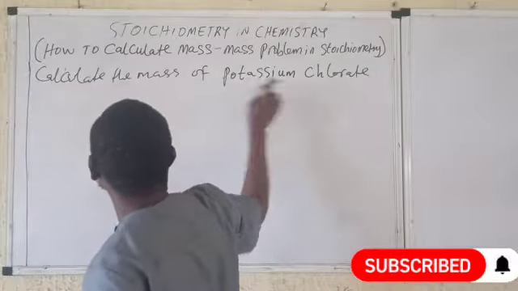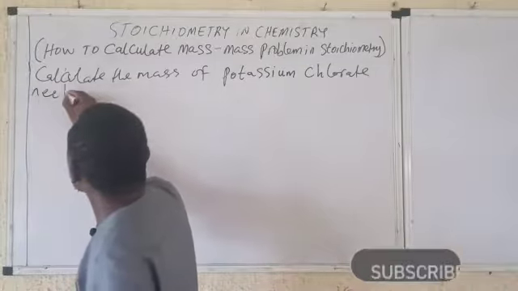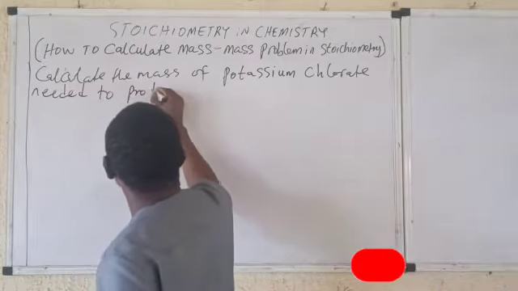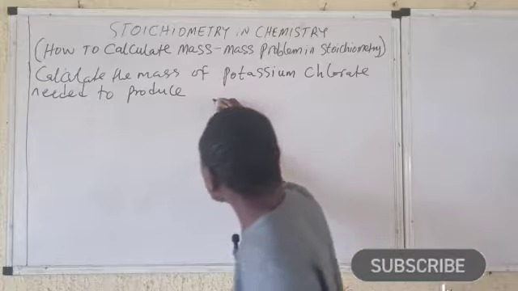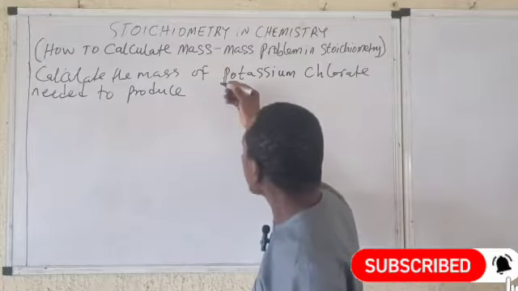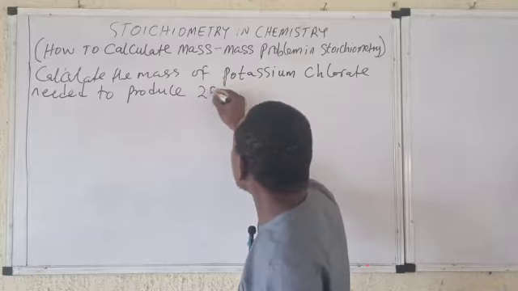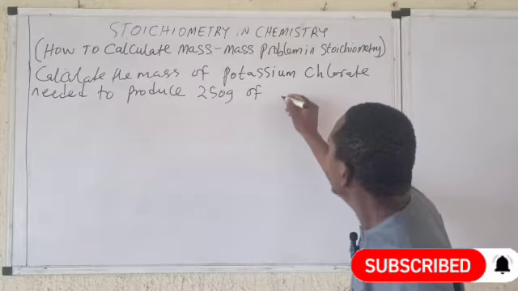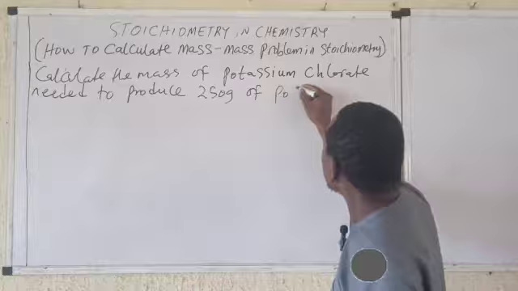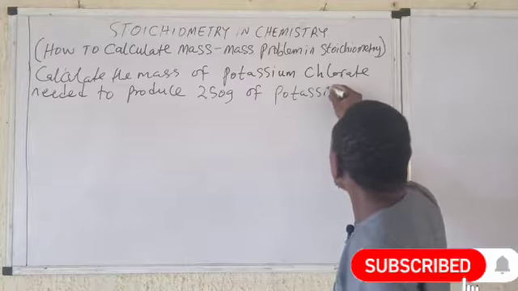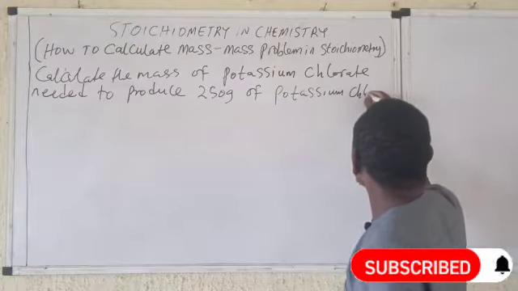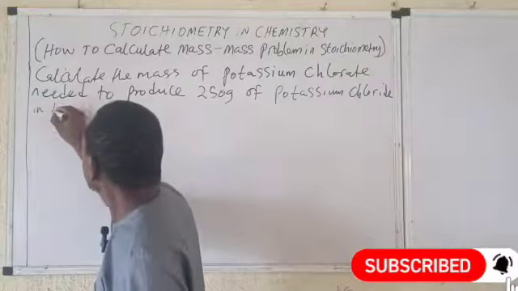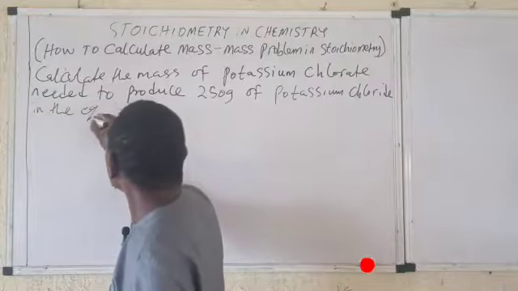Calculate the mass of potassium chlorate needed to produce, let's say, 250 grams of potassium chloride in the equation below.